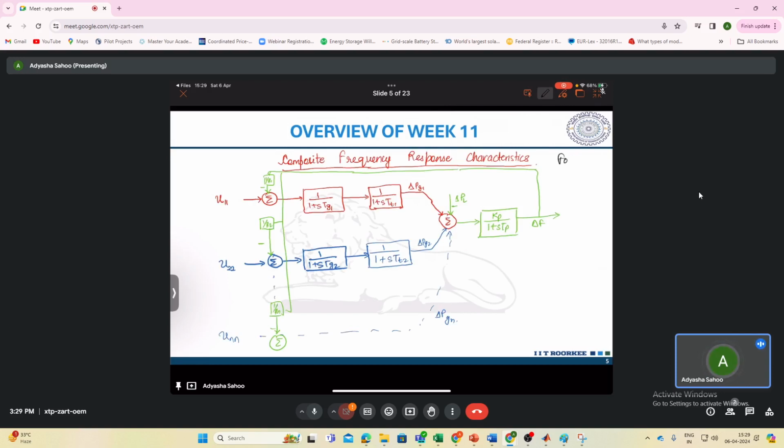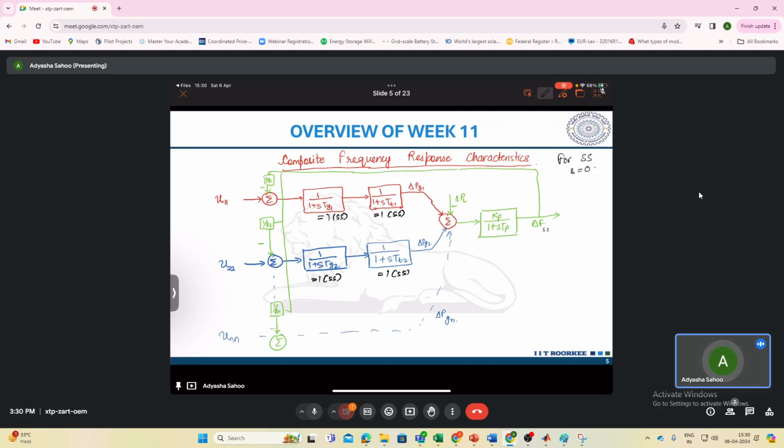So all these blocks will reduce to 1 at steady state. So from that you will get this relation, and we are writing this delta F steady state expression.